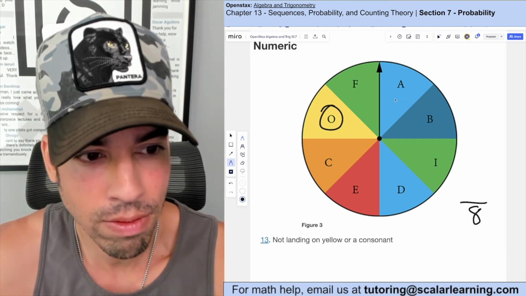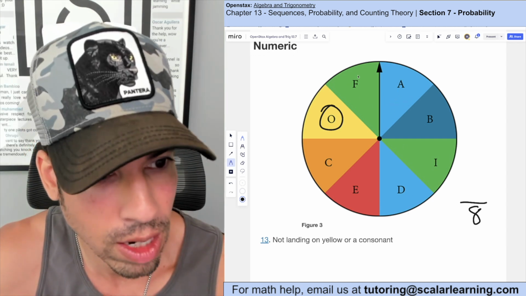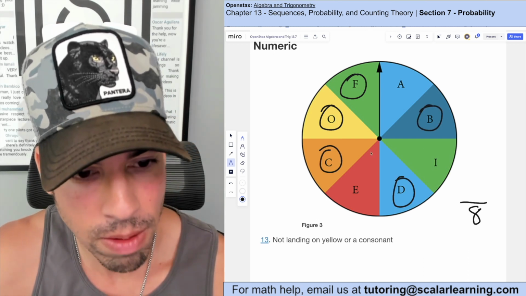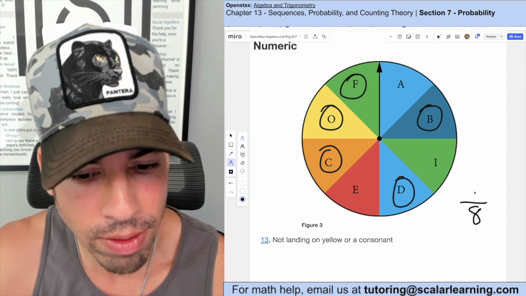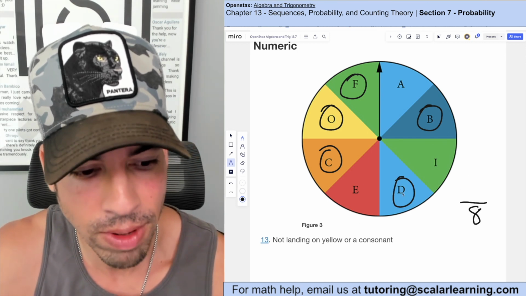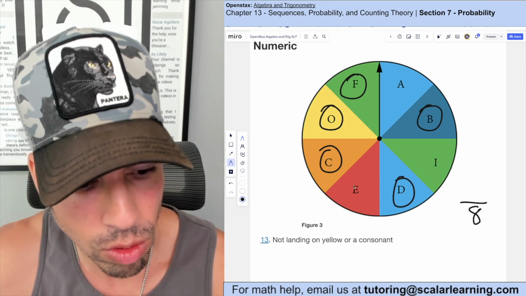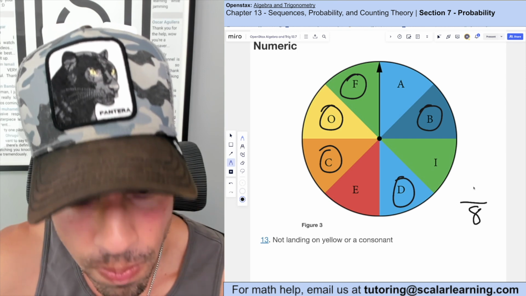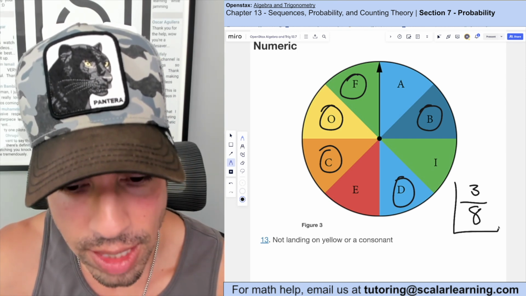That's basically not a vowel, right? Like F, D, C. So we've got F, D, C, and we've got B. So we have to combine these all together. 1, 2, 3, 4, 5 different options. So my probability of landing on yellow or consonant is 5 out of 8. Of not landing on yellow or consonant is 1, 2, 3 out of 8, those remaining stragglers. So the answer is 3 out of 8. That's how you do it.